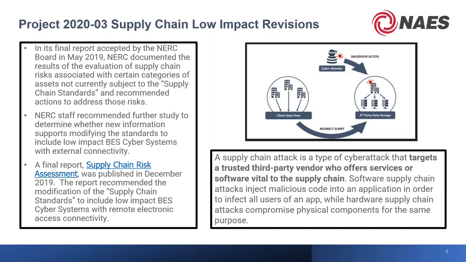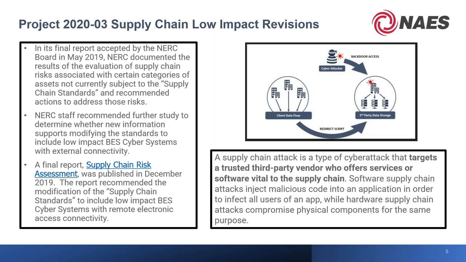NERC recognized fairly quickly that there was a whole group of low impact BCS owners that weren't required to adhere to CIP-003, and as a result, they said they had to do something with low impact.